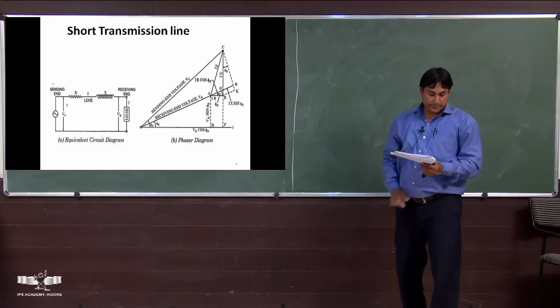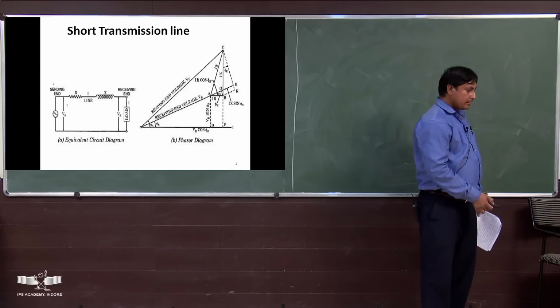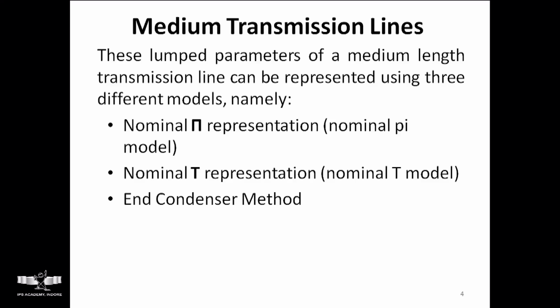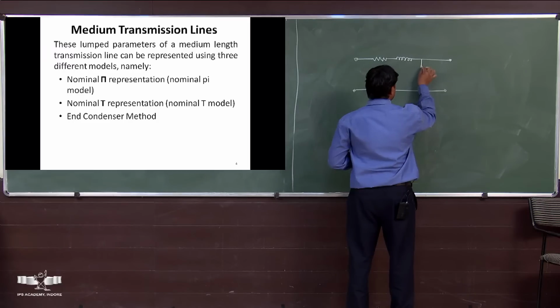And next, we discuss the medium transmission line. The medium transmission line has a length up to 160 kilometers. For medium length, we consider the series line impedance parameters as well as the shunt capacitance.